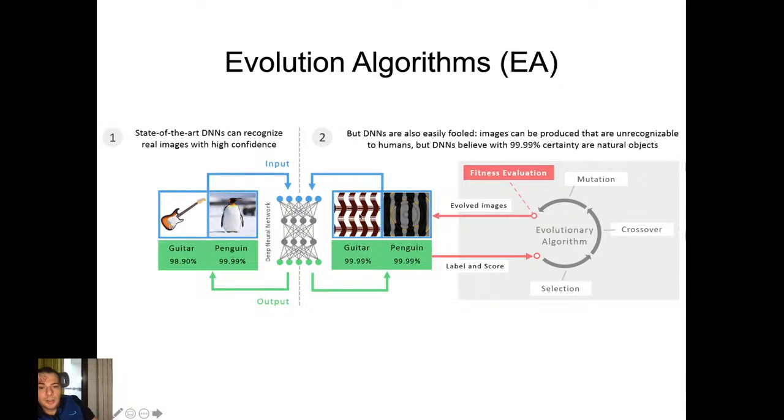So they get an input image, they pass it to the network, they get a score, and then they use the score in the evolutionary algorithm to improve and to select or to mutate images, to do crossover, and select images that obtain higher confidence scores.